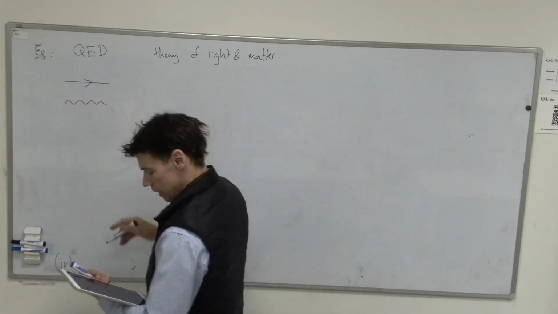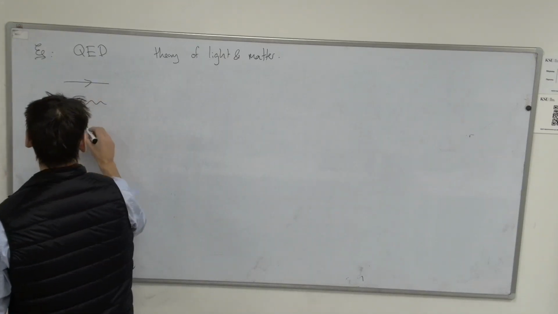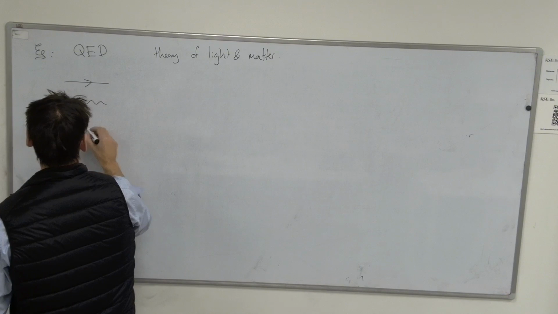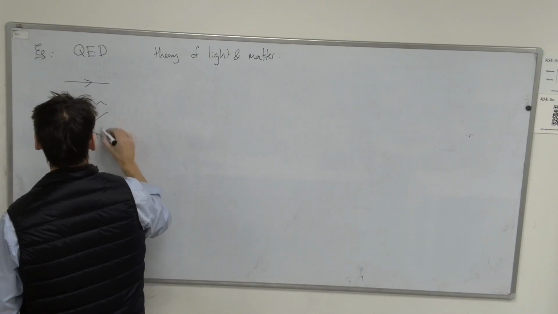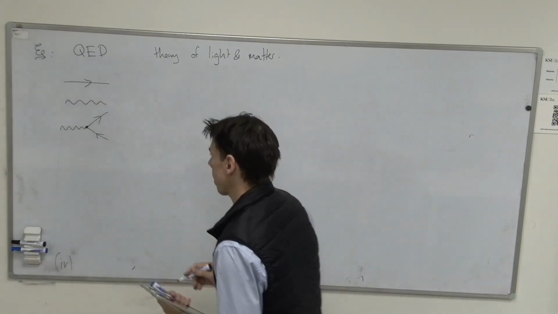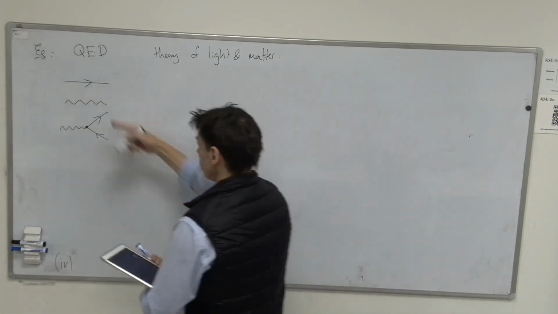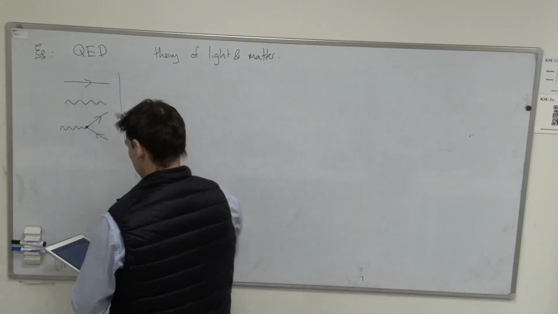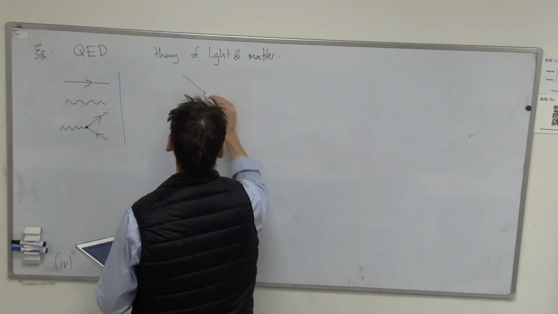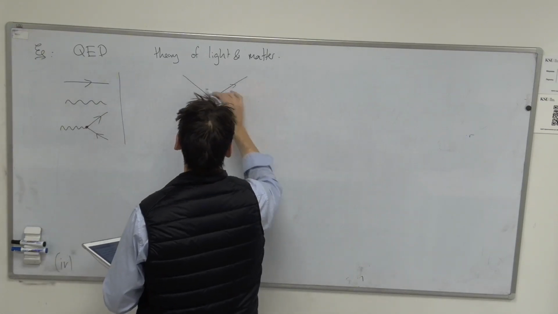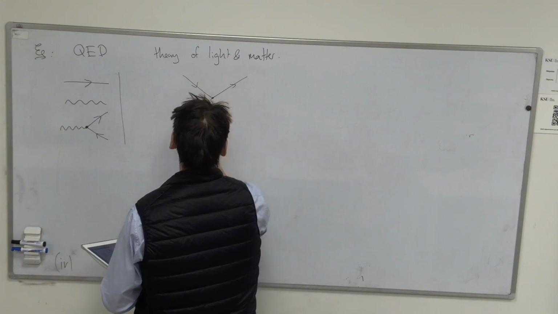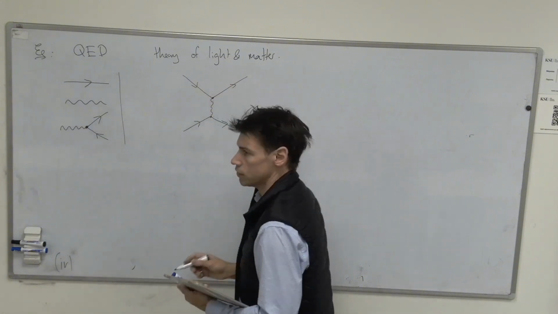A photon, a wiggly line, and an interaction between a photon and an electron. And what you do is you draw all possible graphs out of these pieces.